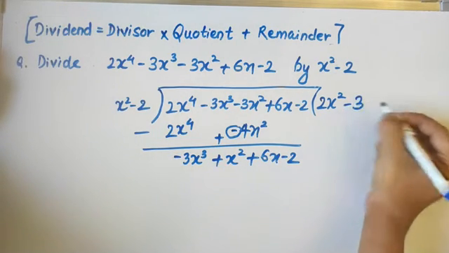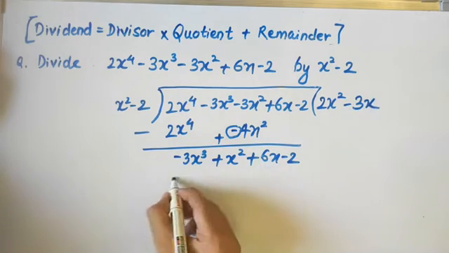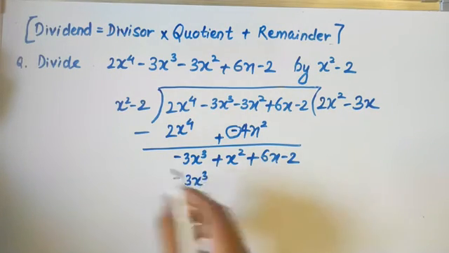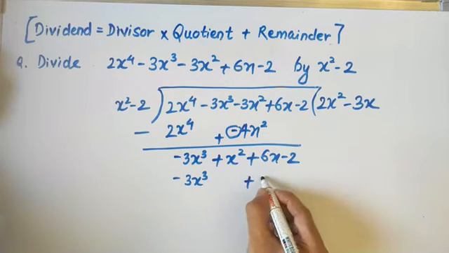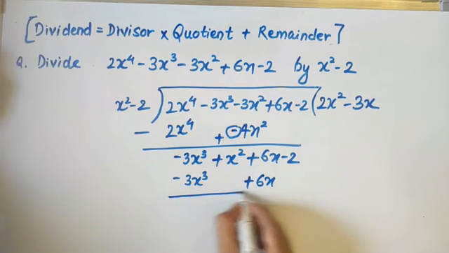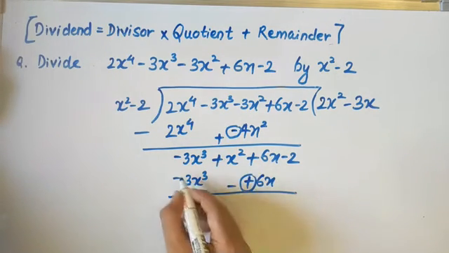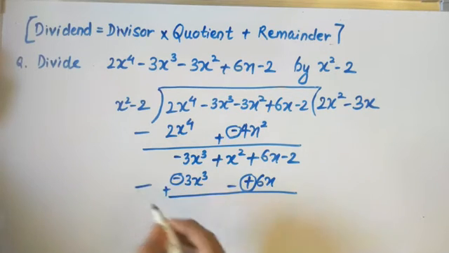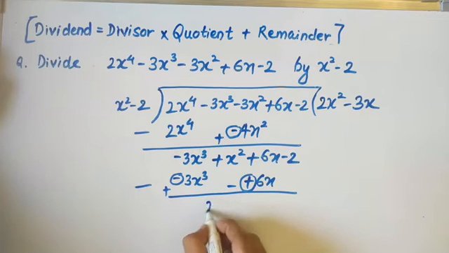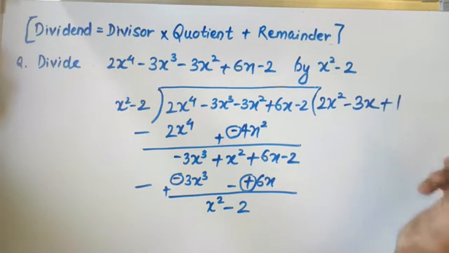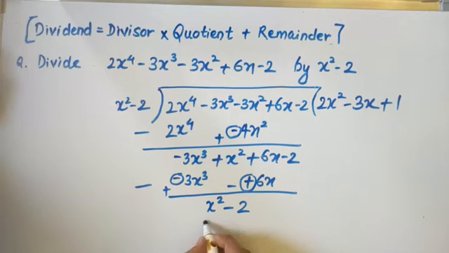So we will multiply by minus 3x. It becomes minus 3x cube. What will become? Plus 6x. That's it. The sign changes on minusing. It becomes 0. It also becomes 0. What remains? X square minus 2. So we'll divide by plus 1. X square minus 2 on sign changes.